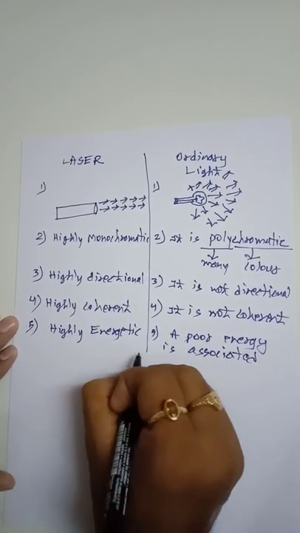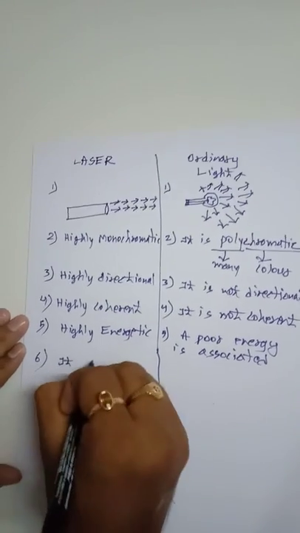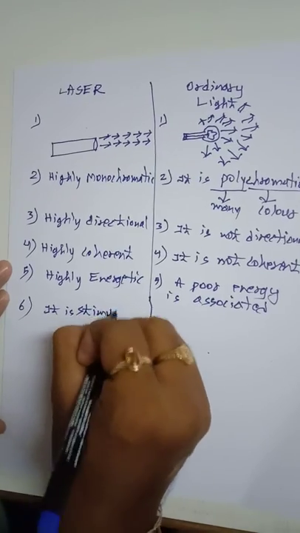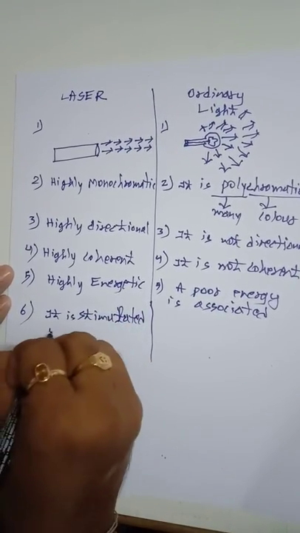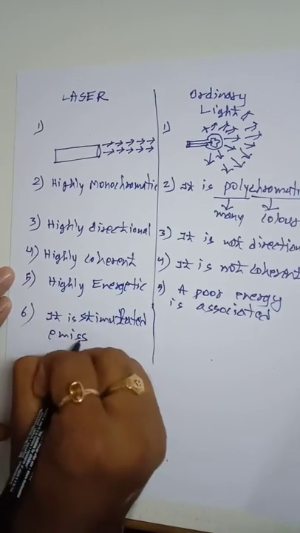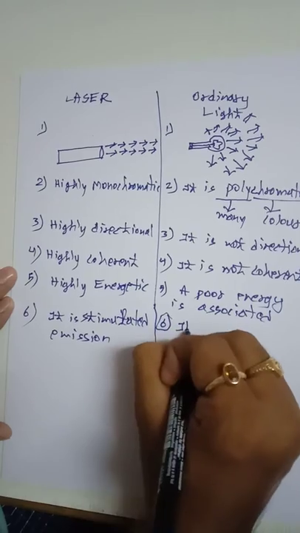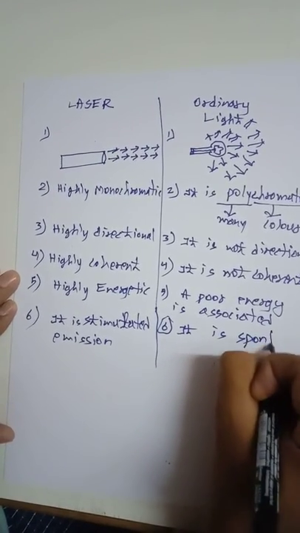In the case of a laser beam, it is stimulated emission of radiation, whereas ordinary light is spontaneous emission of light.